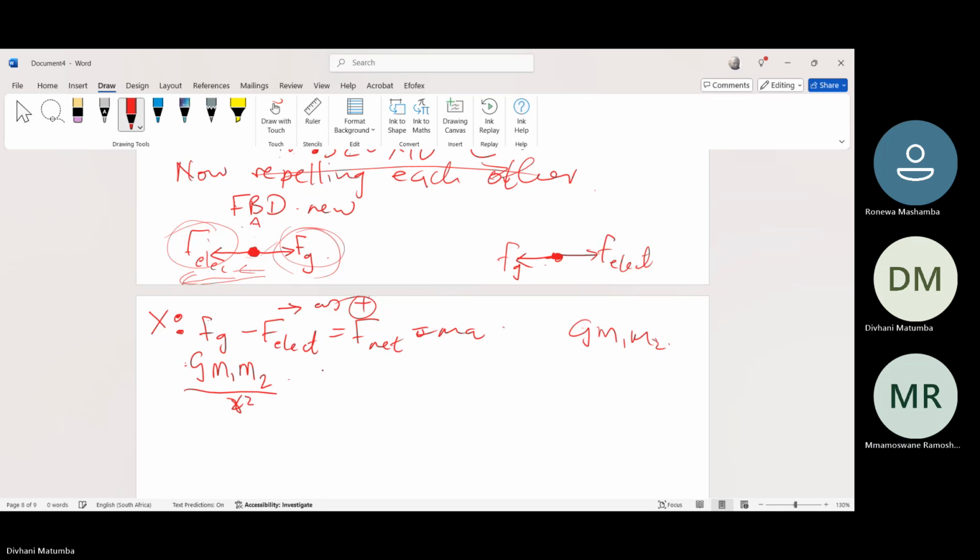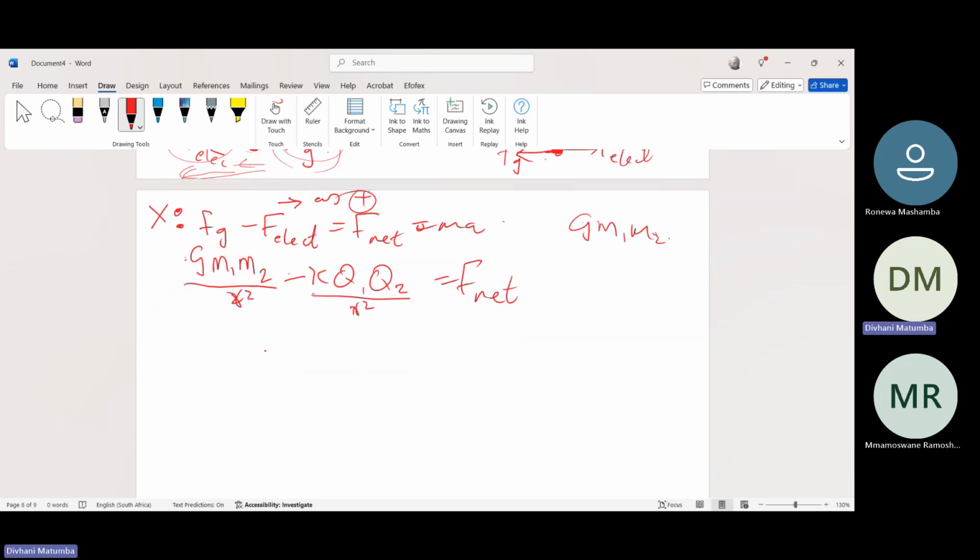Okay, F electric again: K Q1 Q2 all over R squared equals F net.